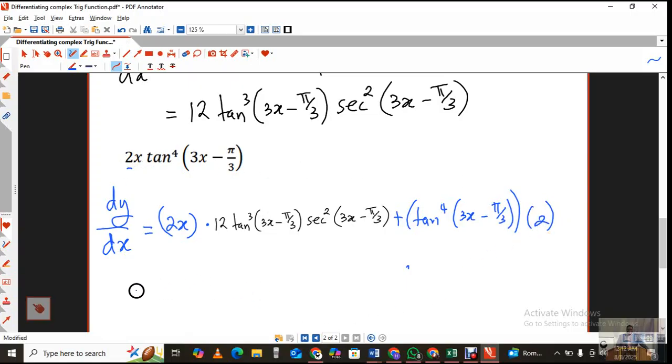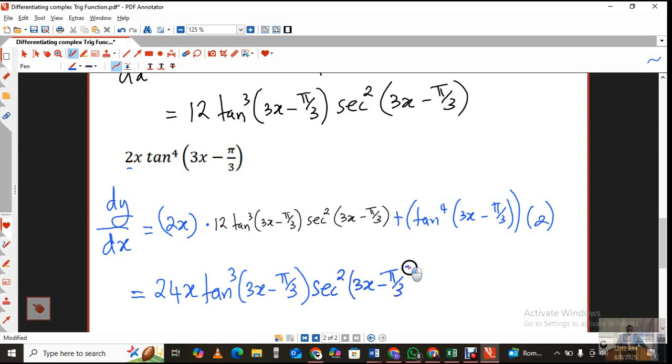I think we are close to being done. Let's multiply this side. You're going to have 2 times 12 is 24x, tan cubed of 3x minus pi over 3, sec squared of 3x minus pi over 3, plus, then just put the 2 in front, tan to the 4th of 3x minus pi over 3.